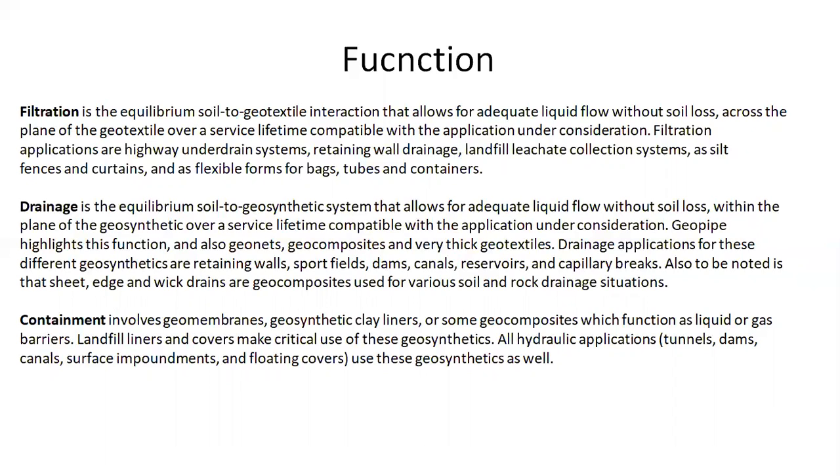You can see here that edge and wick drains are geocomposites used for various soil and rock drainage situations: dams, canals, reservoirs, capillary breaks. Drainage applications for these different geosynthetics include retaining walls.